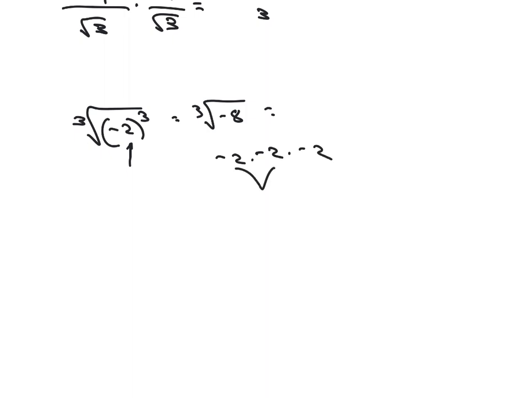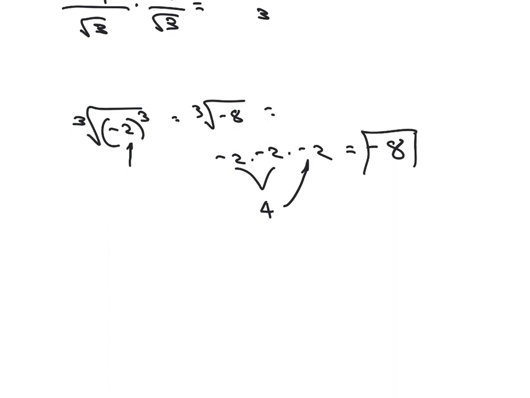Now, when you've got an odd root or an odd number for an index, and we've got -2 and we've got a cubed, things are a little bit different, because -2 cubed is -8. A number multiplied by itself 3 times is going to give you +4 times -2, which is -8.